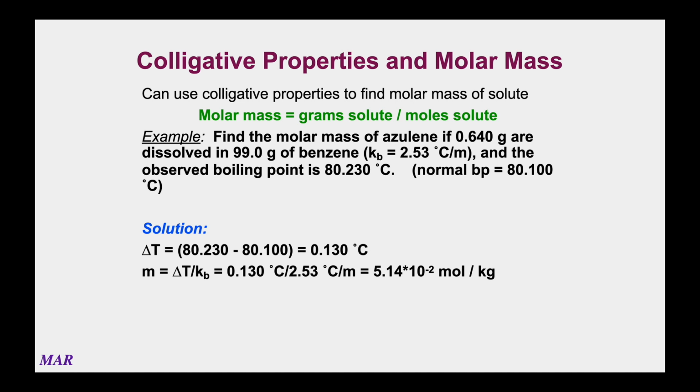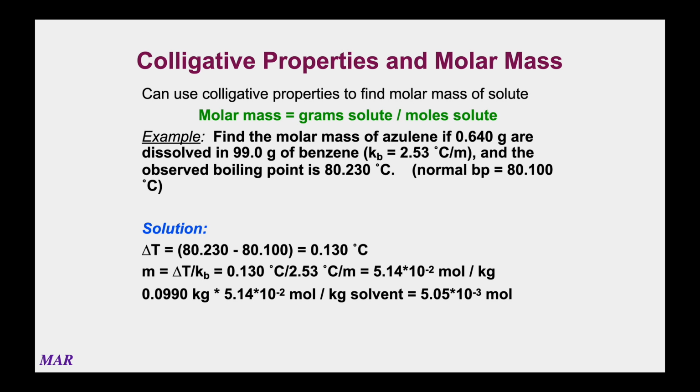We can turn that into kilograms and multiply it by the molality to get moles. So the 5.14 times 10 to the minus 2 times the kilograms of solvent, 0.09990 kilograms, that gives you the moles of solute, moles of azulene, and that's 5.05 times 10 to the minus 3 moles. All right, that's what we were looking for.